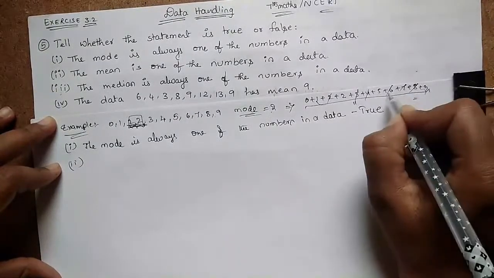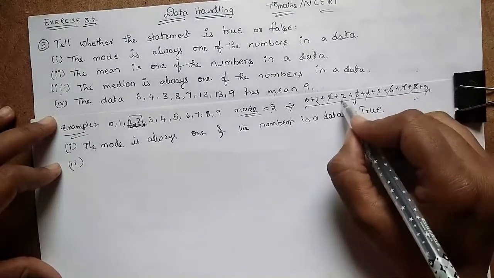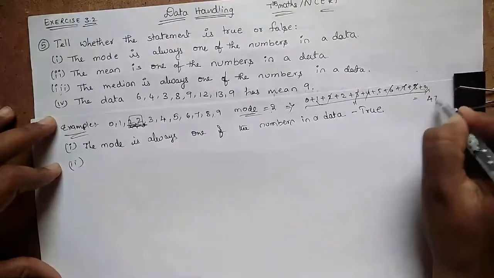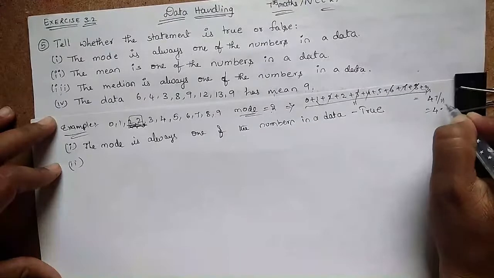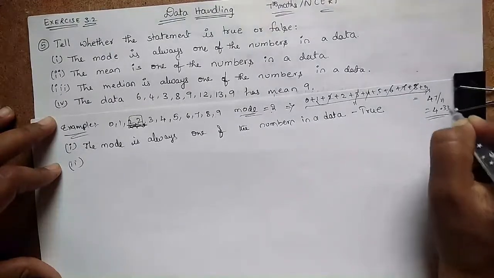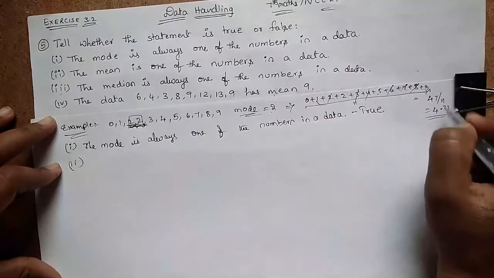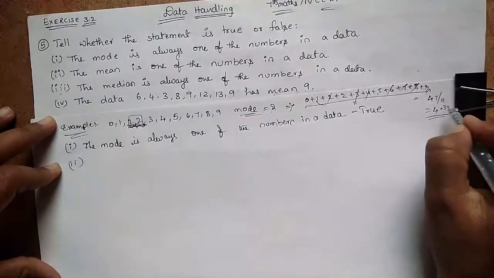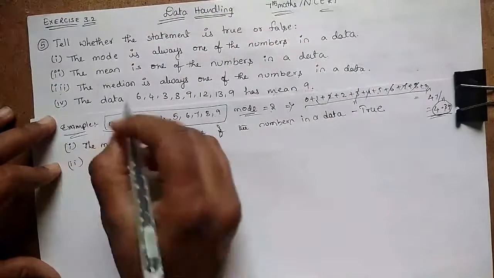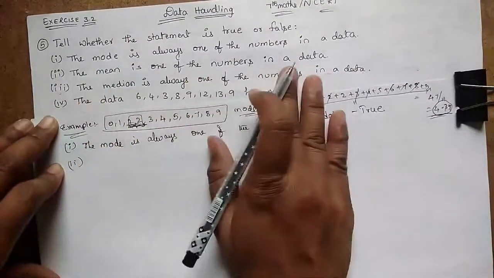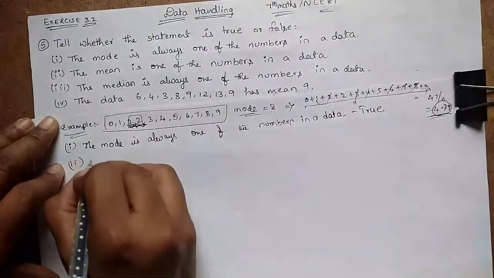There were 4 tens, 40, 45 and 47. So 47 by 11. If you cancel this, 4.33 or something like this. 11 ones are 11, 11 fours are something like 4.77. So this number does not belong to the given data. So the mean is one of the numbers in the data? No. So this was the false statement.